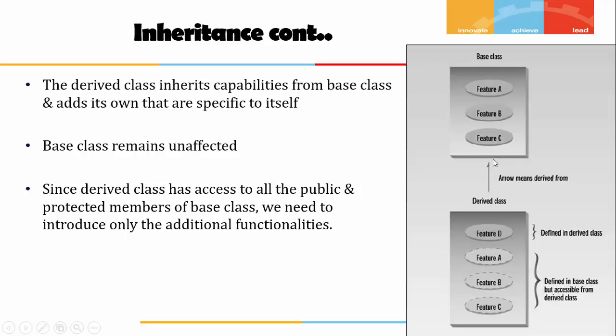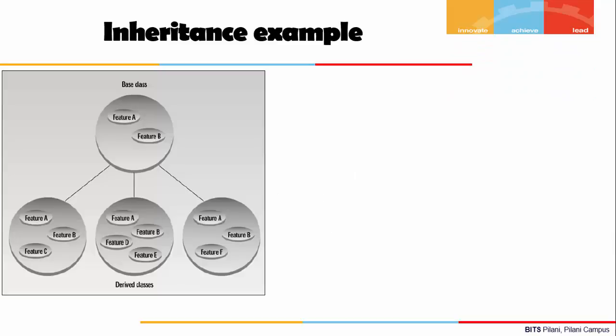So the base class which is already ready and debugged can be used for another implementation, adding some features specific to the derived class. This permits reusability of the base class. So let's see some examples.